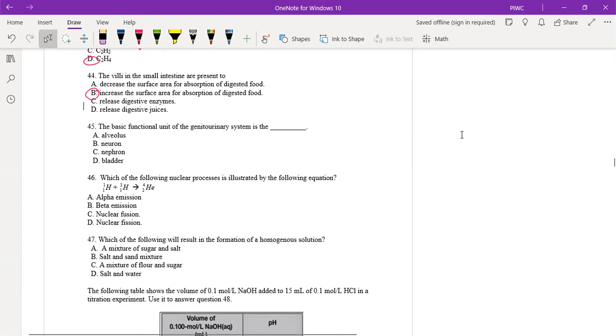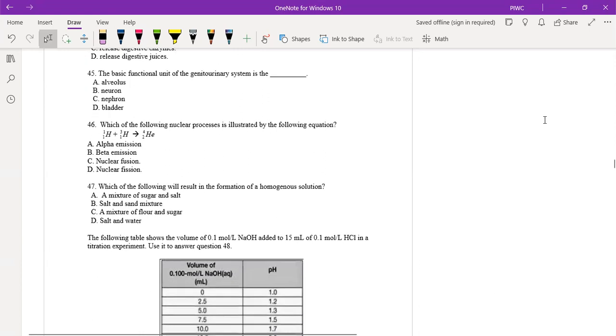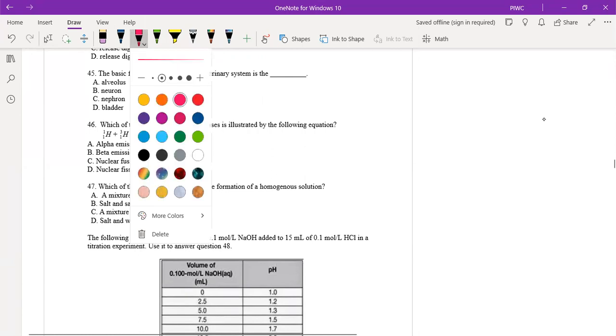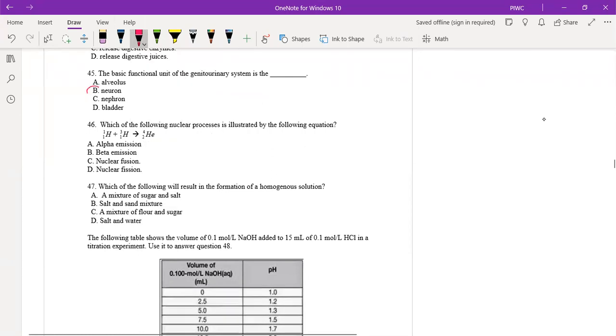45. The basic functional unit of the genitourinary system. Okay, so remember that's the nephron. So it should be C. The nephron, that's where the urine is produced.